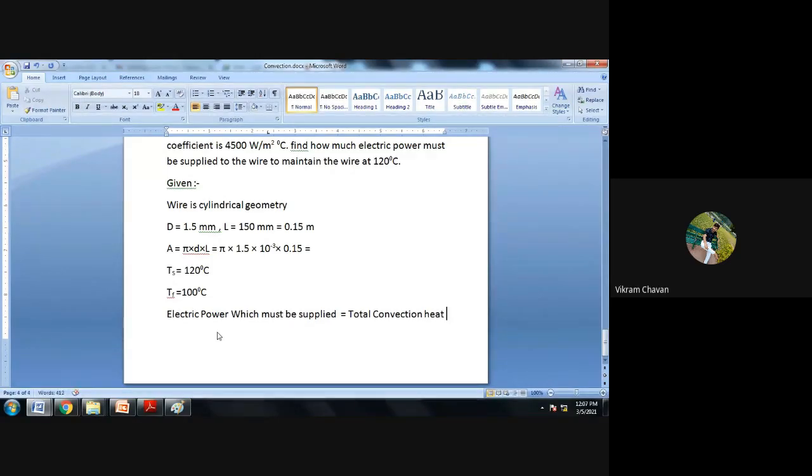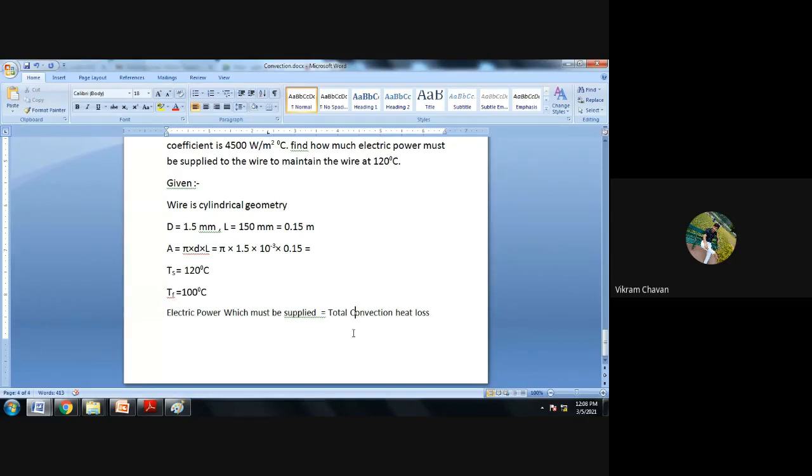Convection heat loss from the wire to the water. So the electric power which must be supplied is equal to the total convection heat loss.